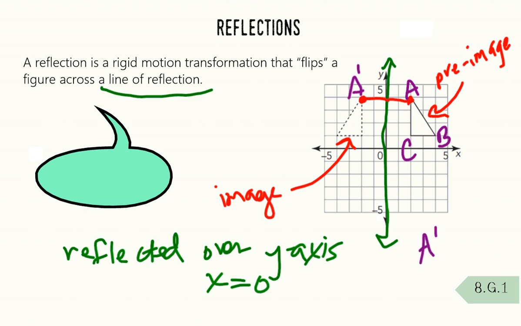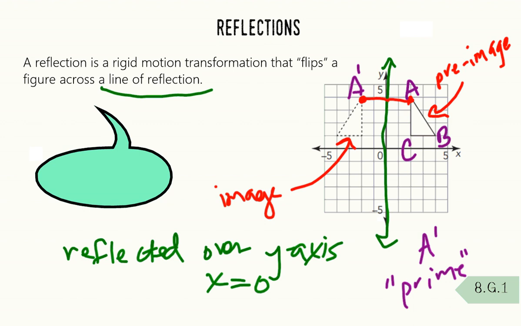The prime marker is a little line, almost looks like maybe an apostrophe or an exponent of 1. It is read as the word prime, and it lets me know that something has been done to my original shape. My original point A has become A prime. This lets me know one transformation has happened.